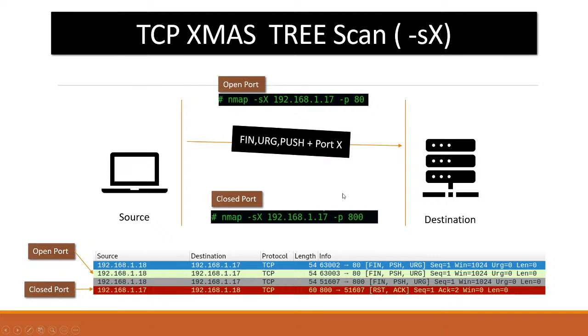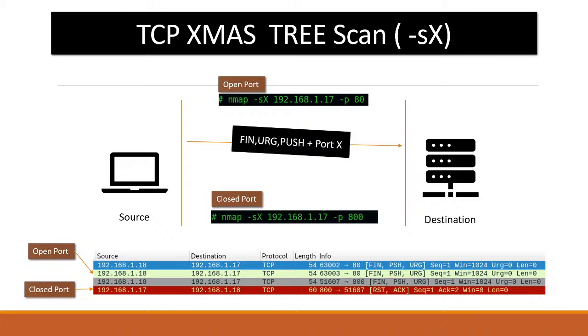Again, this is a kind of stealth scan where you don't establish a full connection. You are not sending SYN messages, but usually you are able to know whether the port is open or closed. This is another technique of using NMAP.